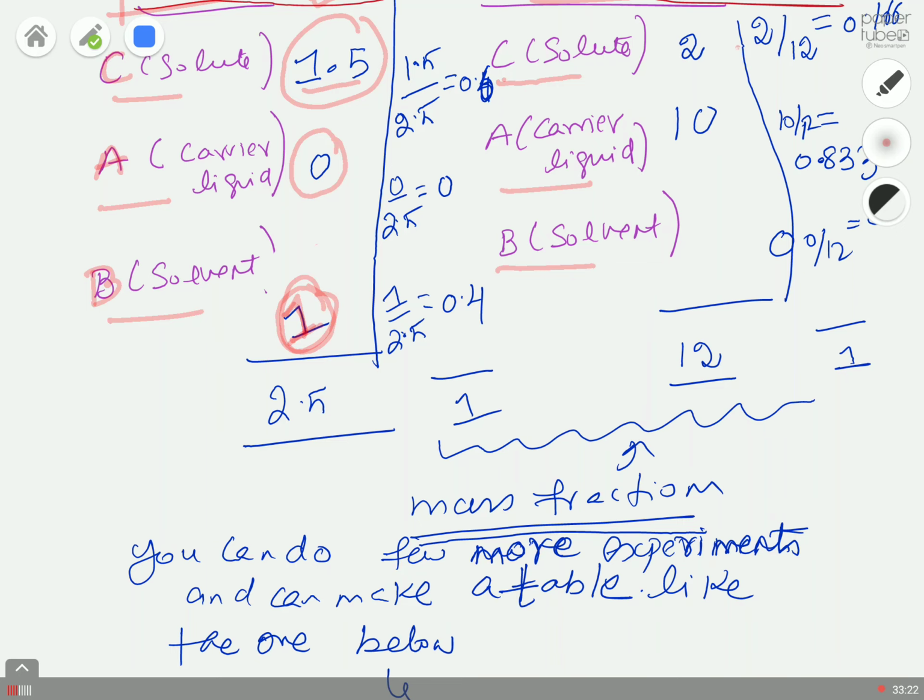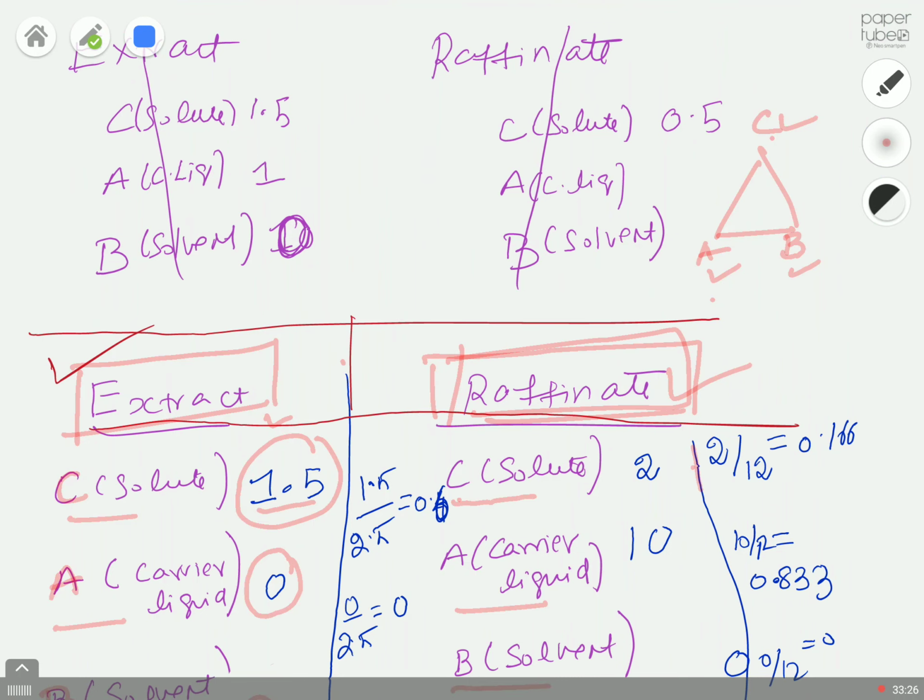If you go to the raffinate side, the liquid obviously you can separate, and then you have 2 kg of your solute, and then you have 10 kg. Let's see the ratio, why it's 2 kg. You started from 2 kg of your solute, so this should be 0.5.